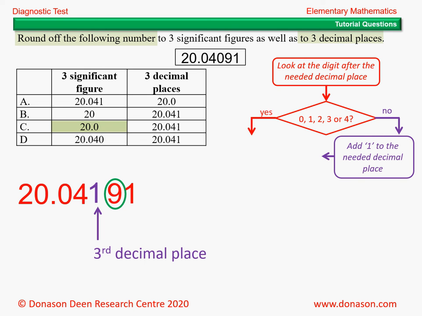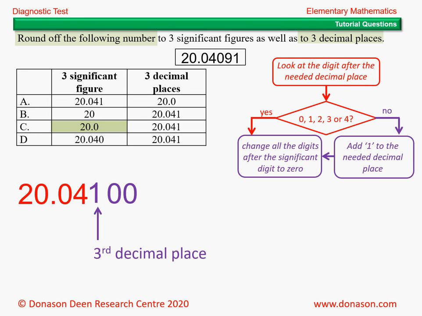Even if it was a yes, then you would follow the other path, but in this case we follow this path. Change all the digits after the needed decimal digit to 0. In this case the 9 and the 1 are changed to 0. Then once again we ask the same question as with the significant figures: did this change happen after the decimal dot?